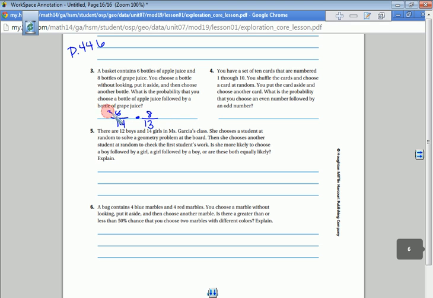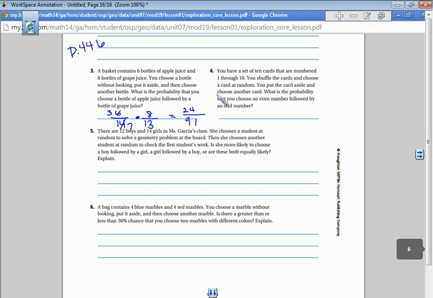Okay, so this reduced to 3/7. So this would give us 24 over 91. Does that make sense? Yes.